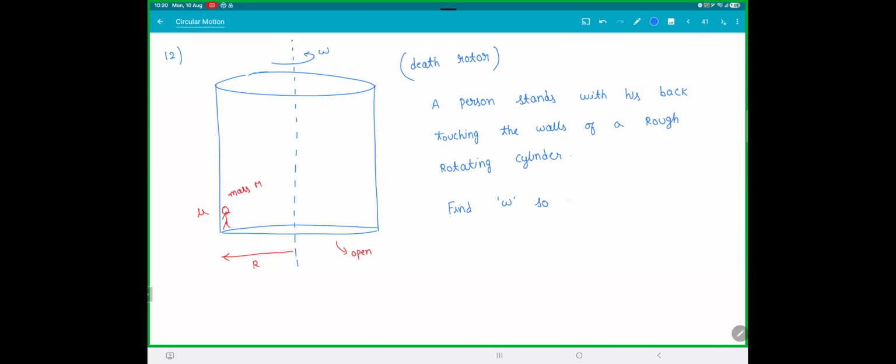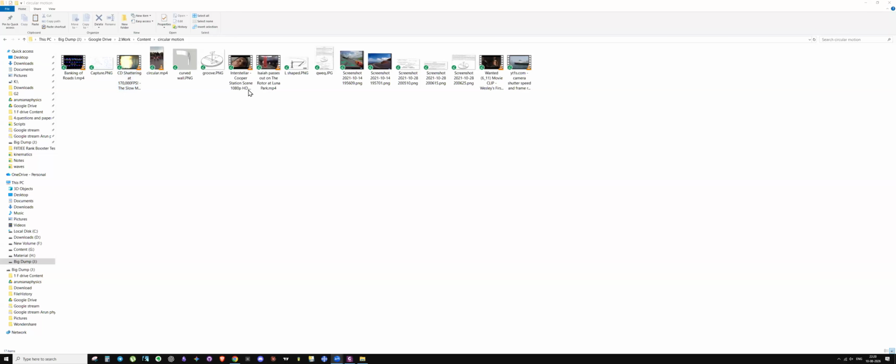If you don't rotate fast enough, you're going to slide. This, right? Look at this.